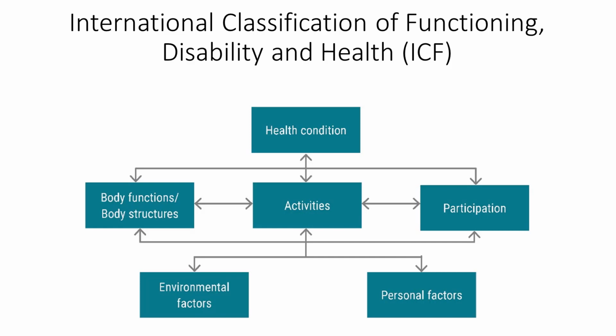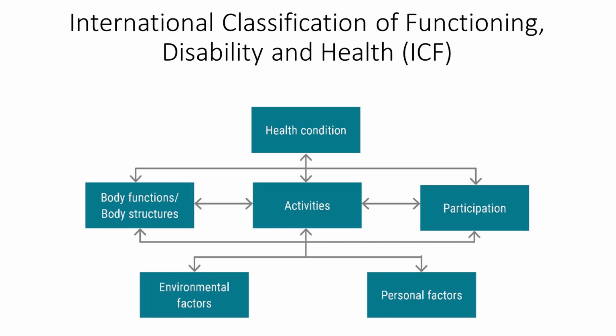It's called the International Classification of Functioning, Disability, and Health, also known as the ICF model. It's a classification of health, not only health, but also health-related domains. And it acknowledges the interaction between different aspects of health, individual attributes, as well as environmental factors.